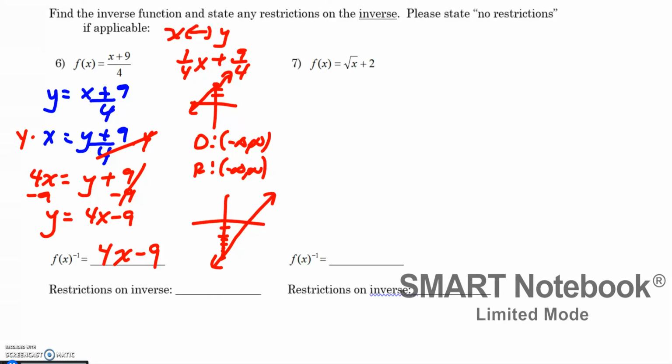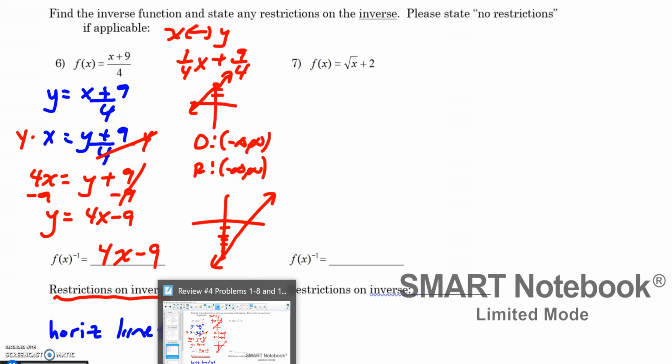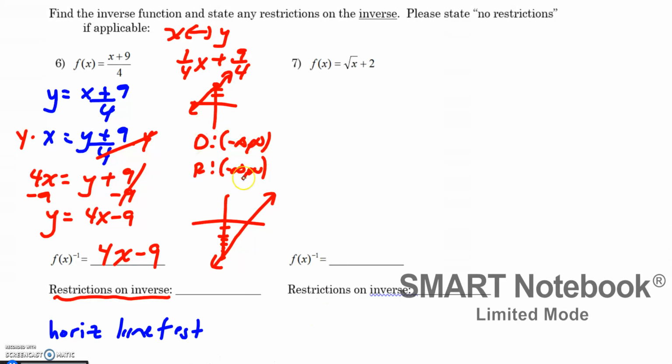And so the question is if there are any restrictions on this inverse. In order to have restrictions, it would mean it does not pass the horizontal line test. I want you to remember that with inverse functions, we need to think about the horizontal line test. Now, here's the reason I found the domain at the beginning.